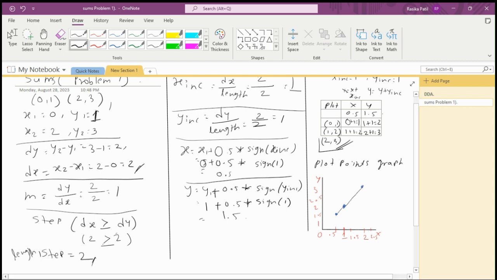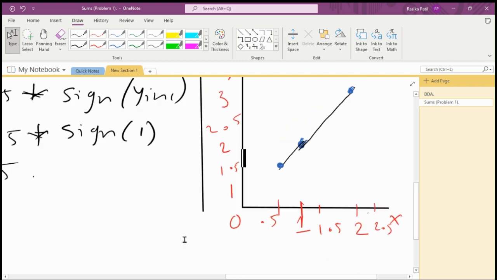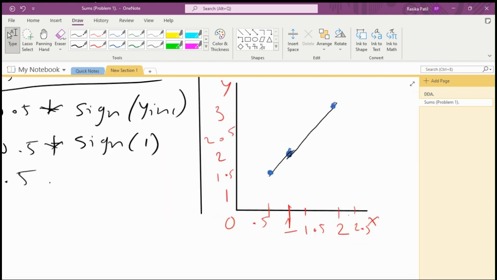It will draw a particular element of that line, or it will connect those particular points with each other. So this will be our line.